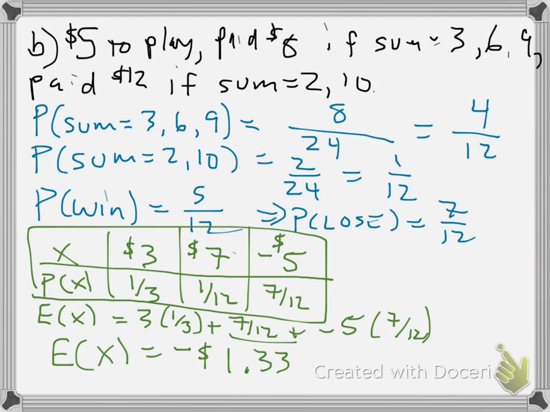Chances are that's going to be about negative $1.33. Of course, everybody's going to be different. Everyone's going to get different luck, but on average, you would be losing $1.33 each time you play. So would I play this? No way.